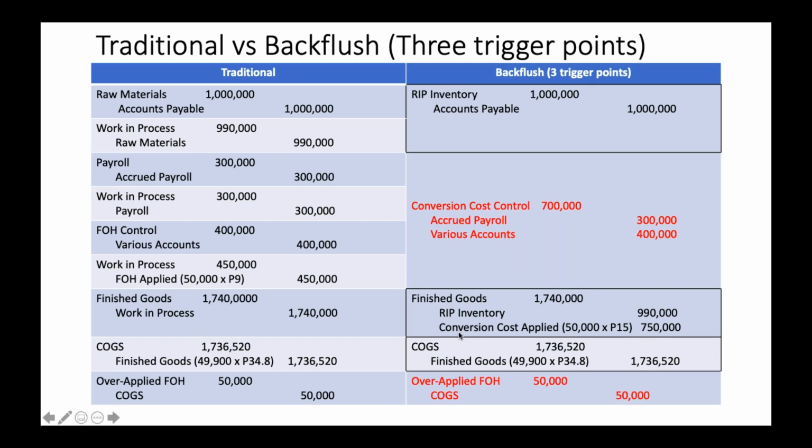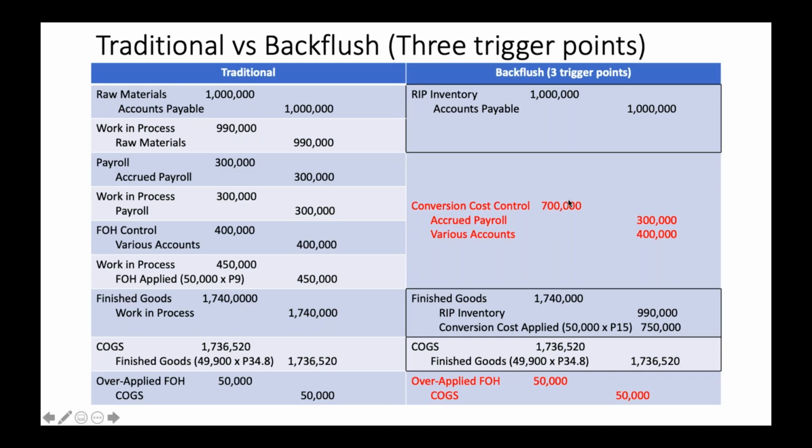We understand that this conversion cost is only applied, so there is an actual cost that we incurred, and therefore you have to look for the actual conversion cost, and that is 700,000. Based on our data, we actually incurred direct labor cost of 300,000 and factory overhead cost of 400,000 for a total of 700,000.